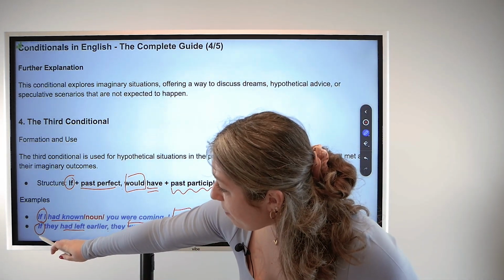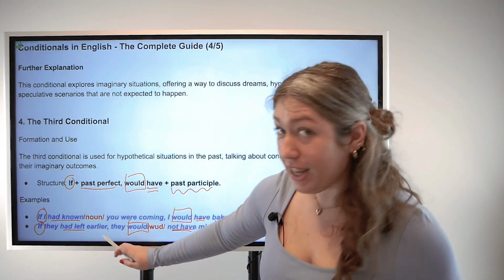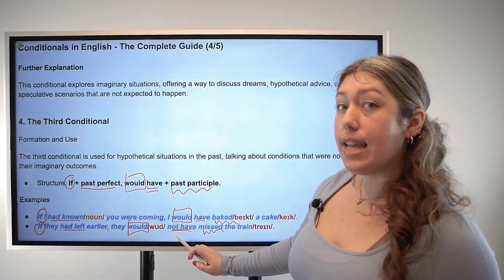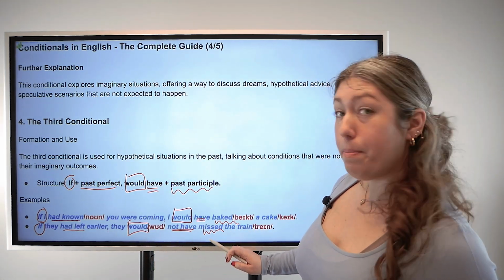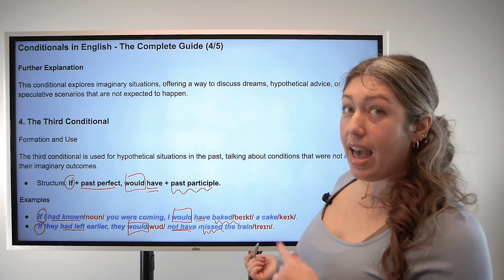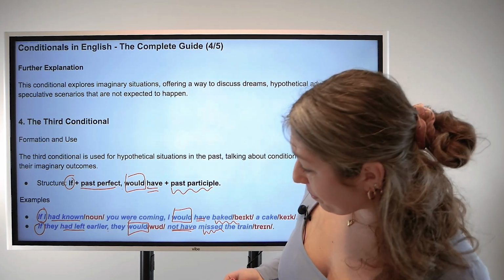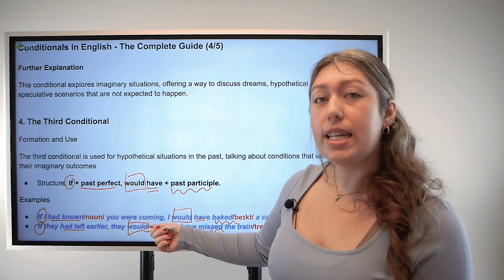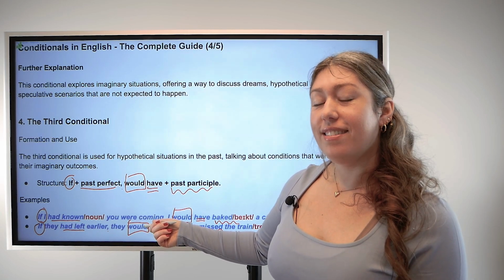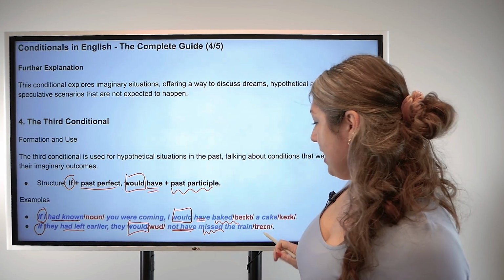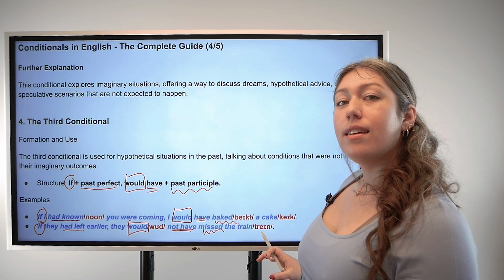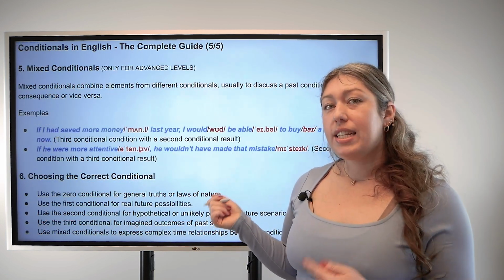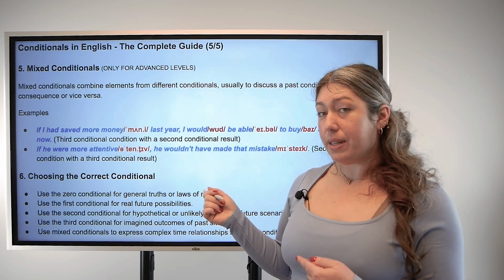So here we have if, past perfect, comma, would, and this one is negative, so would not have missed, past participle, the train. And let's look at the pronunciation. Would, not would, would, would. Good. And train, train.